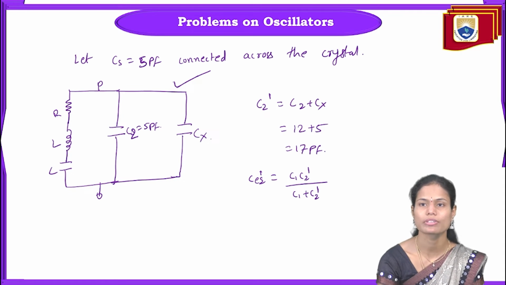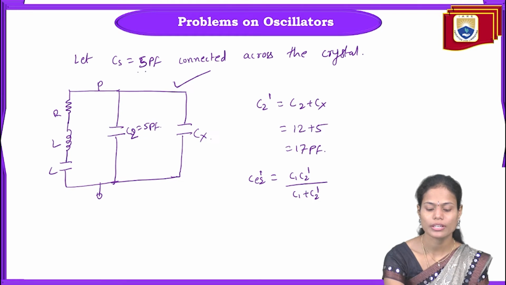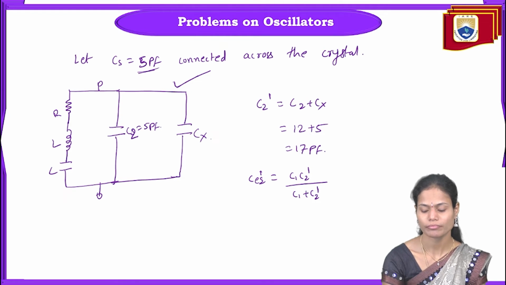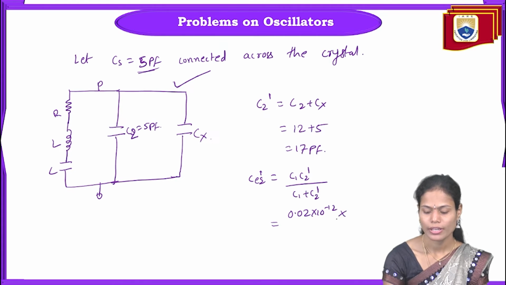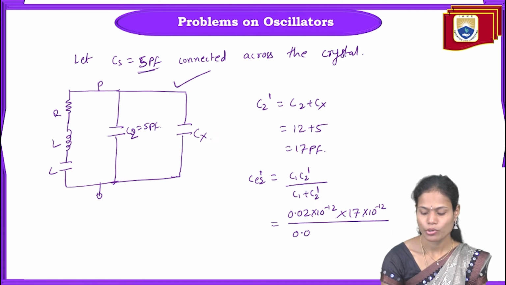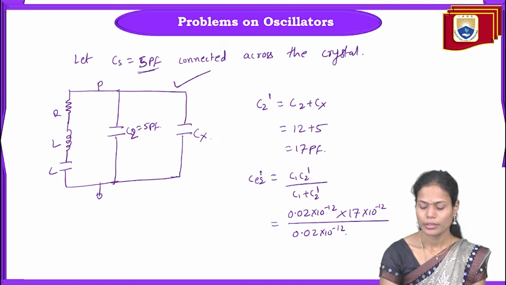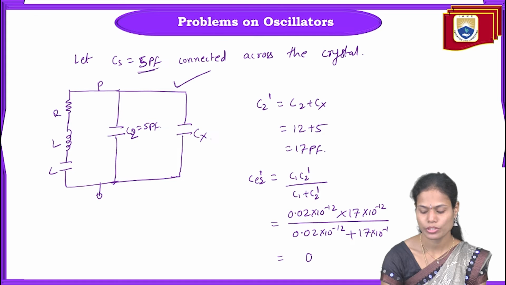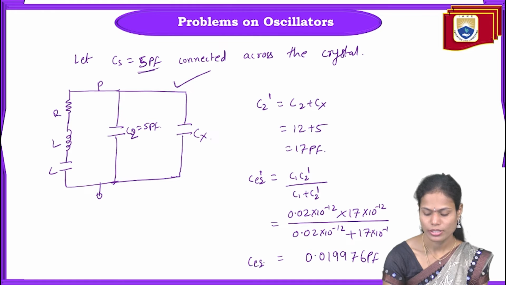Instead of C2 capacitance, we are taking the sum of two capacitances C2 plus Cx. Why? Because we are connecting one extra capacitance 5 picofarads across the crystal. So C1 value is 0.02 into 10 power minus 12, and C2 dash is 17 picofarads, and again it is 0.02 into 10 power minus 12 plus 17 into 10 power minus 12. So here, after simplification, this value is 0.019976 picofarads. That is the C equivalent value we have calculated.